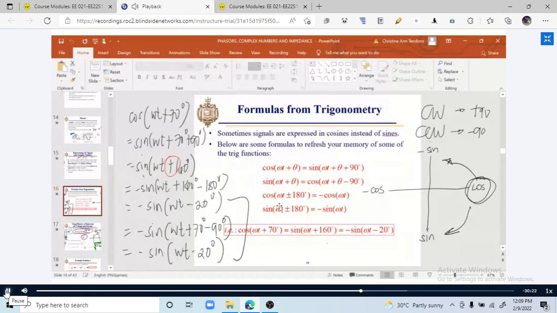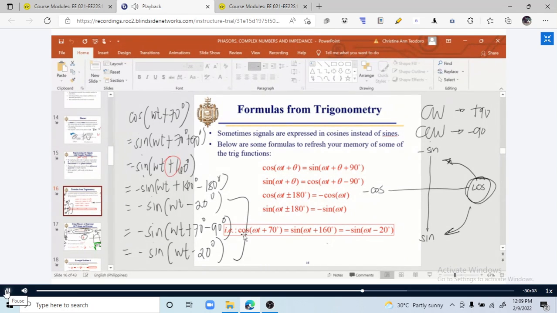Okay. So we are dealing with this one, right? This is what I'm talking about. Let us just use this one. If you are going clockwise, that is plus 90. If you are going counterclockwise, that is negative 90. Since you already have this, no need to memorize this one.